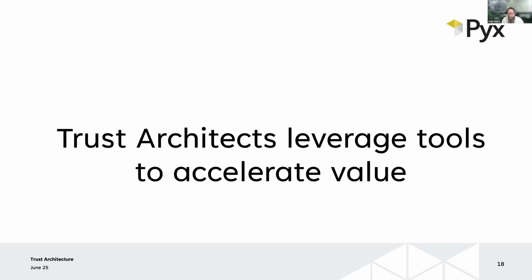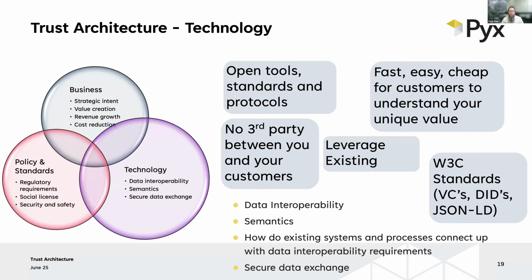That being said, there's lots of tools, so we wanted to make sure we take advantage of them. Trust architects focus on open tools, standards, and protocols. The main reason we're using open tools, standards, and protocols is that it's fast, easy, and cheap for customers to understand the unique value. So there's a connection between openness and fast and cheap.